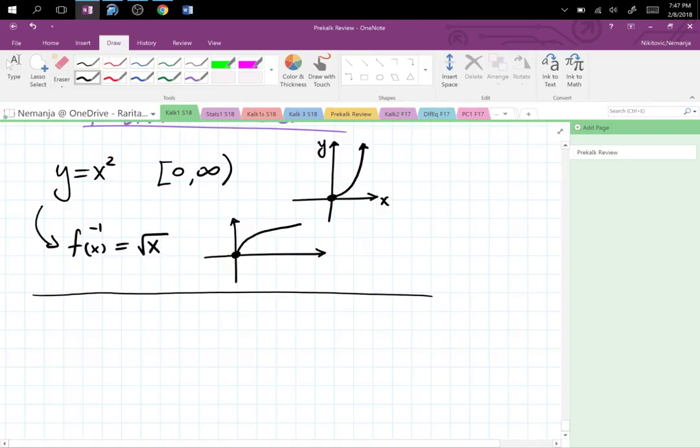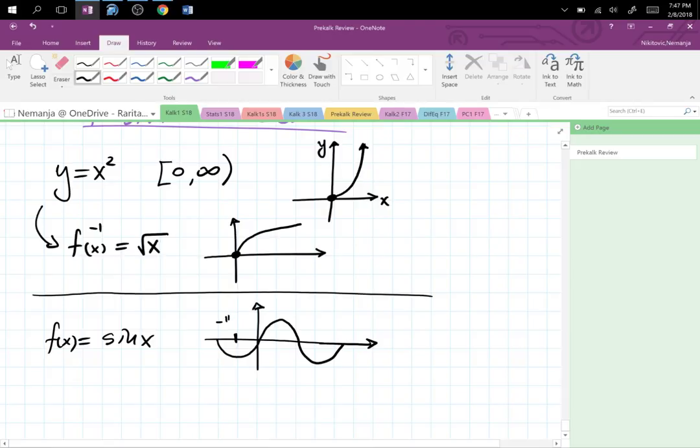Trig functions now, again, same thing. So you have y equal f of x equals sine x, and you have sine x going forever.